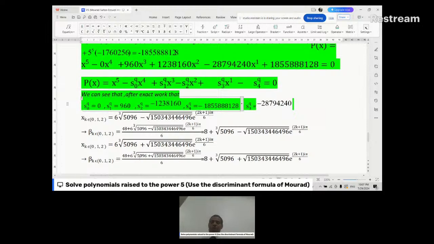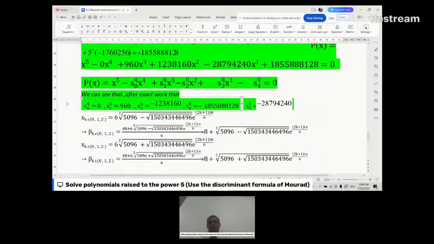So we have the plus cube root of 5096 plus root of 150,343 million 446,496 times exponential of (2k+1) i pi over 6.